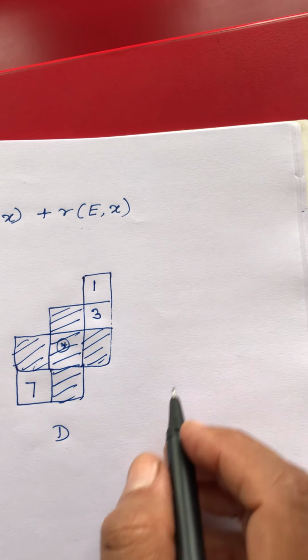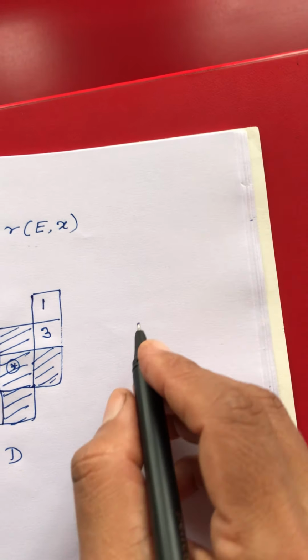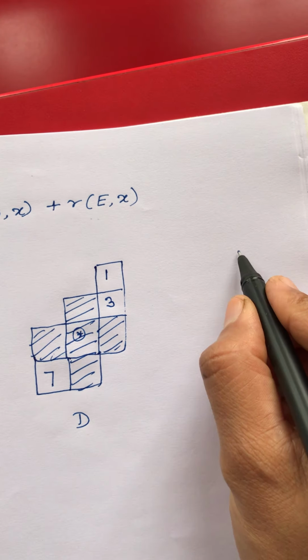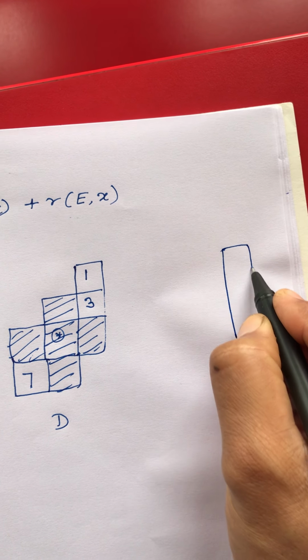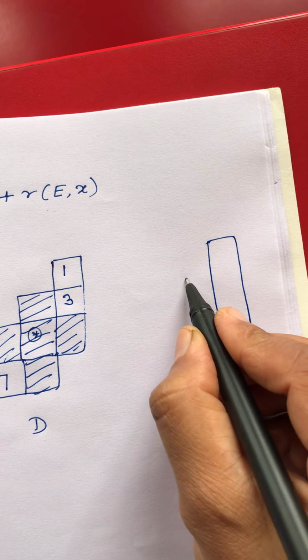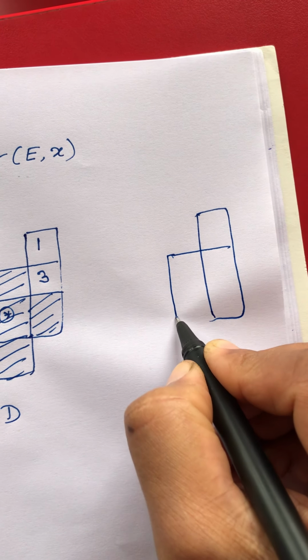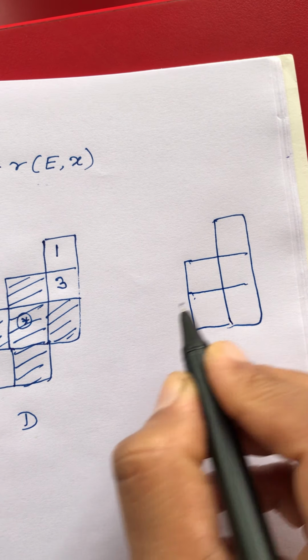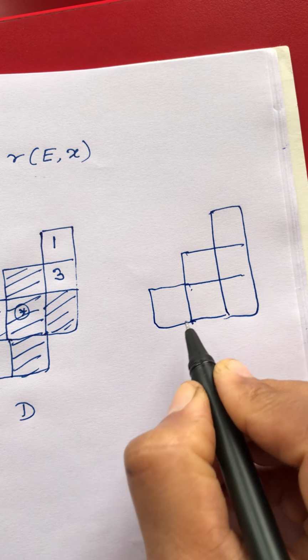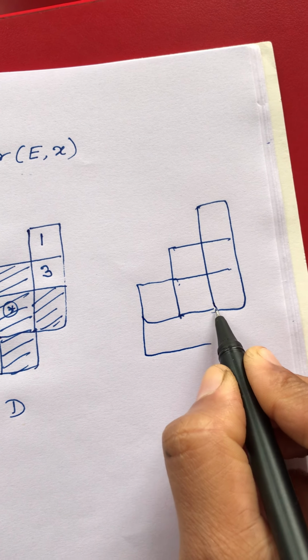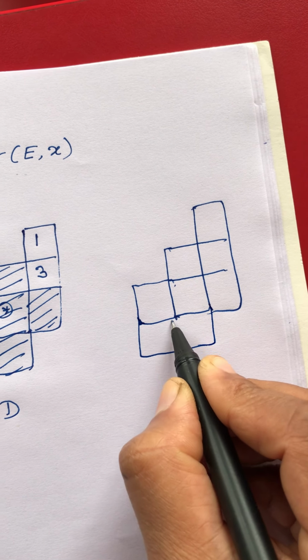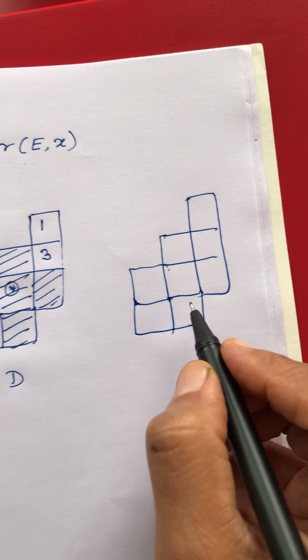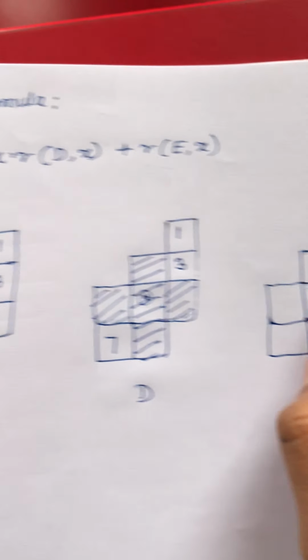So now we have to consider the board E. Board E also I will write as the same board, and I will just delete that square. Let me write the same board again. I am not writing proper squares, the edges are becoming curved. Okay, fine. So this is marked as star.